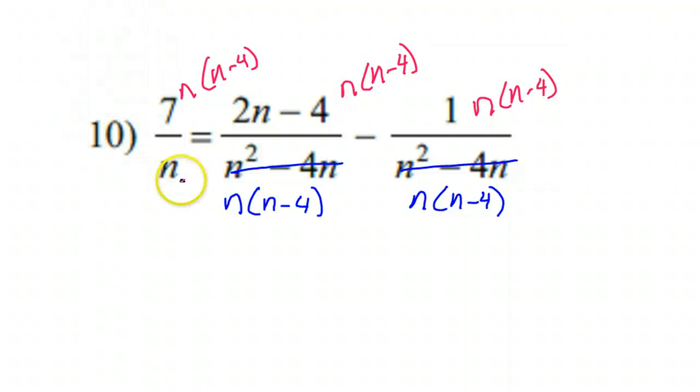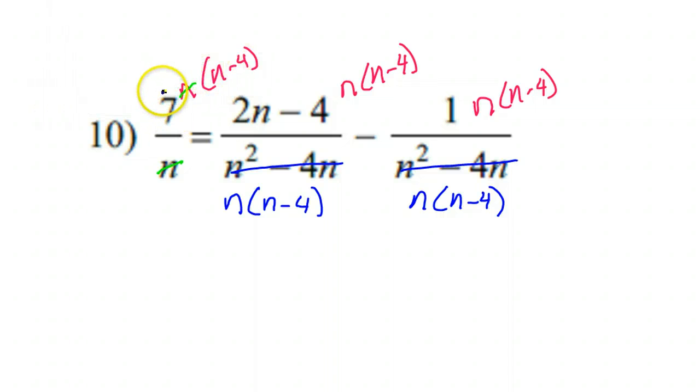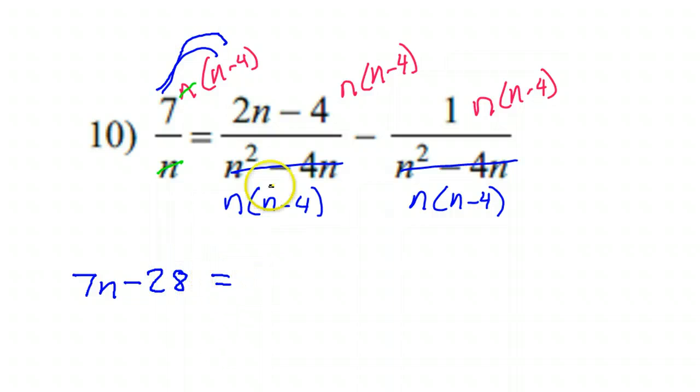Okay. In the first fraction, the n's cancel out. That still leaves 7 and n minus 4, and I will distribute that. So that will give me 7n minus 28 equals.